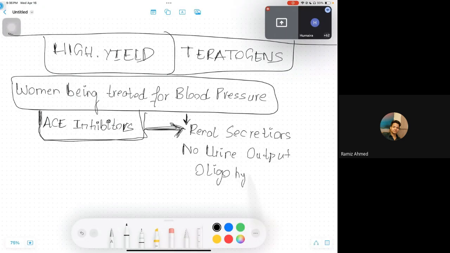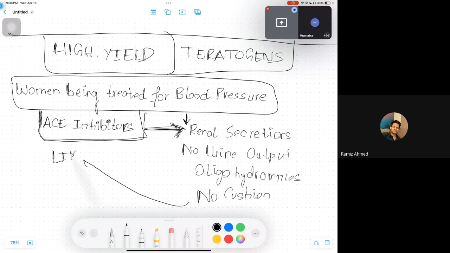So when there is oligohydramnios, there will be no cushioning effect present.